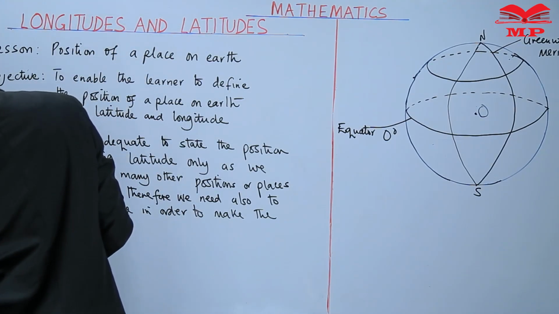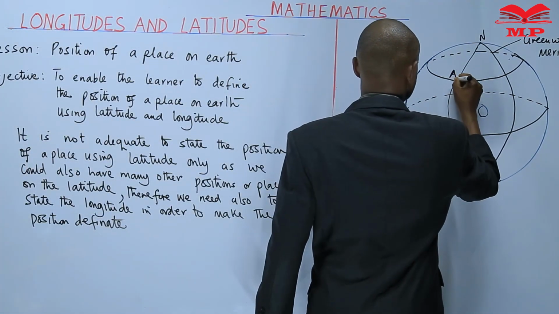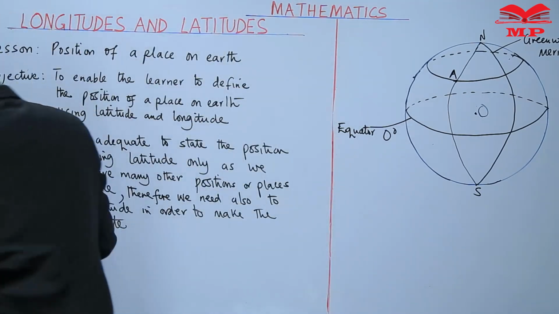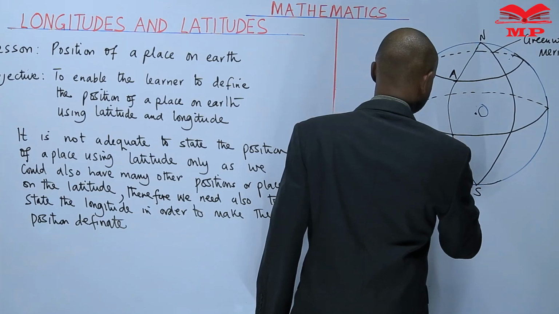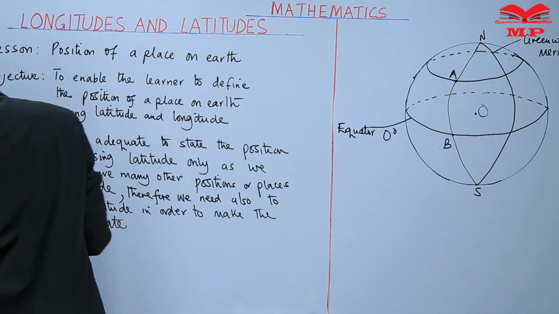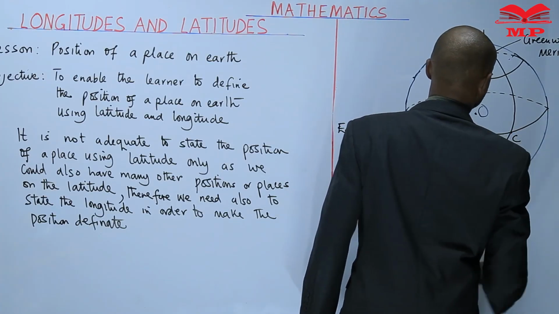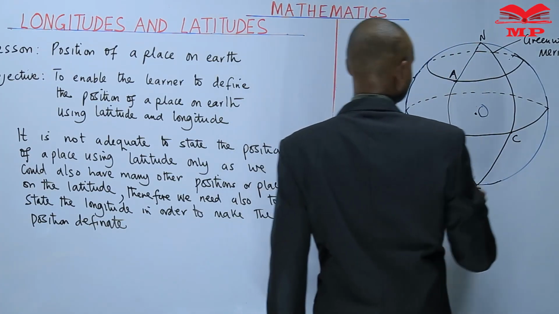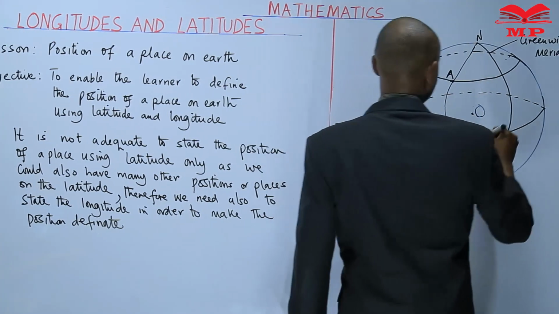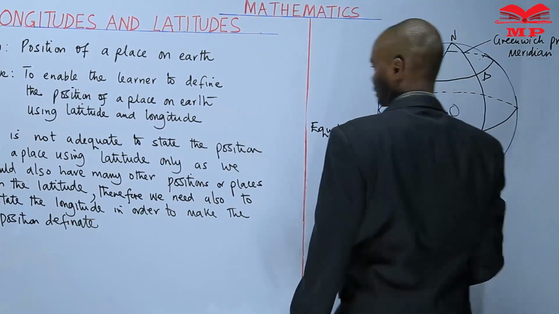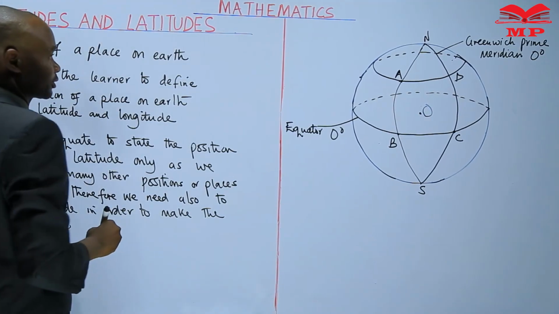I have A, I have B, I have C, and I have D. I have those positions.